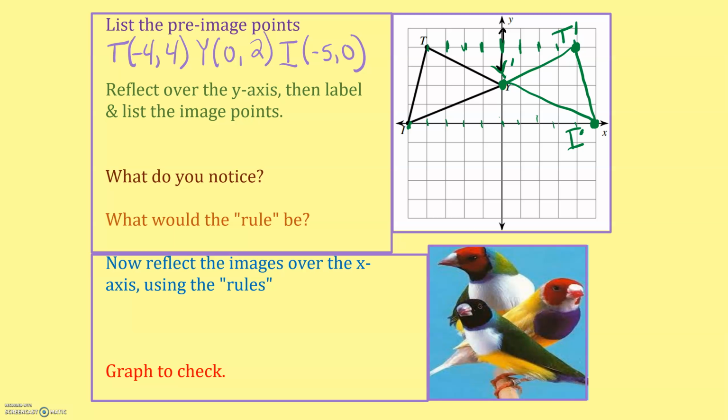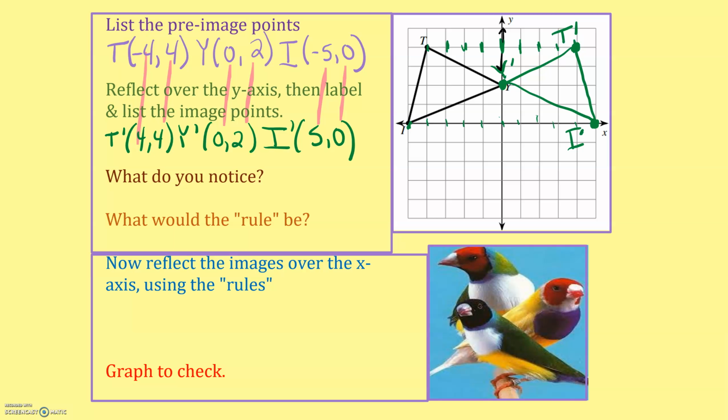And now I'm going to label those points. So my t prime is now (4, 4). My y prime is now (0, 2). And my I prime is now (5, 0). So what do you notice? And again, what I would like to highlight is what do you notice about the x values and the y values?